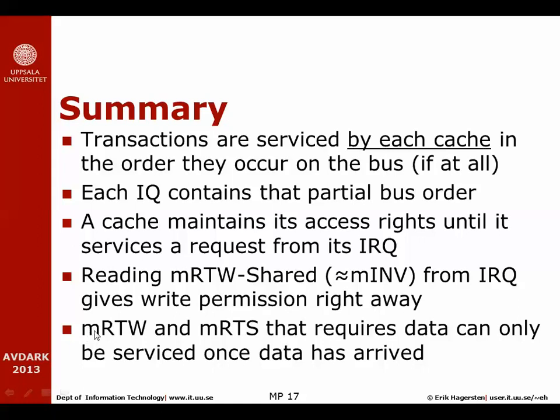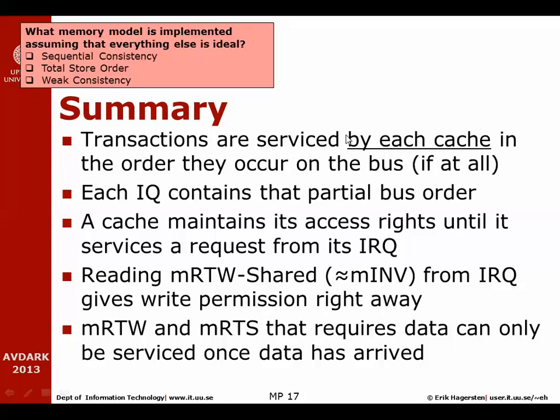But if you see your own read-to-write request and your read-to-share request where you didn't pull this magic shared, that requires you to wait for the data until you can pop that. So you will not service that request until the data has arrived.